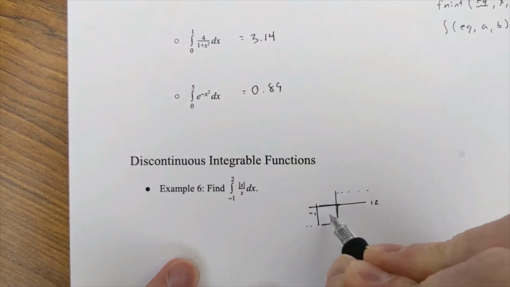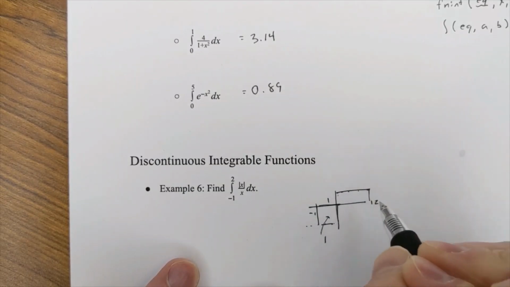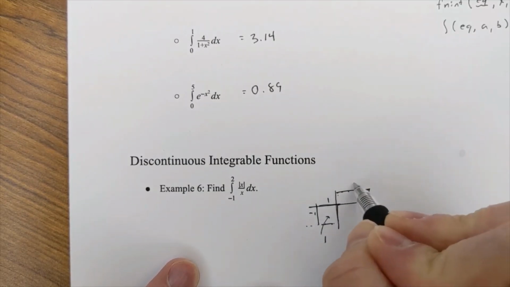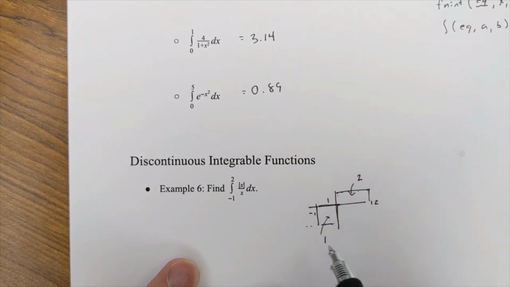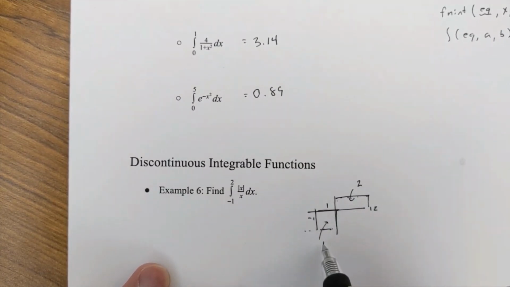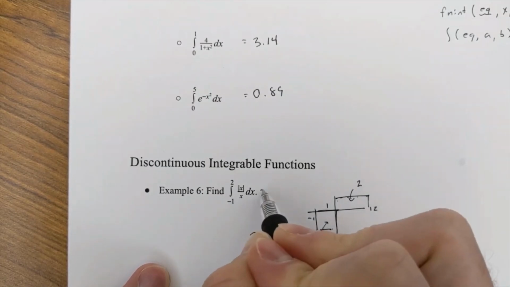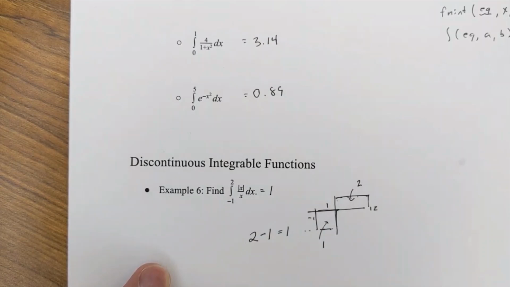There's one rectangle here that's 1 unit wide by 1 unit deep, so this rectangle has an area of 1. There's another rectangle over here that's 1 unit tall by 2 units wide. This rectangle has an area of 2. Now since this rectangle is below the axis, it actually has a negative area. So it's area above minus area below. So this whole thing is just equal to 1.